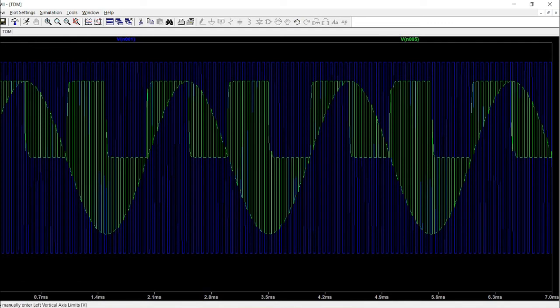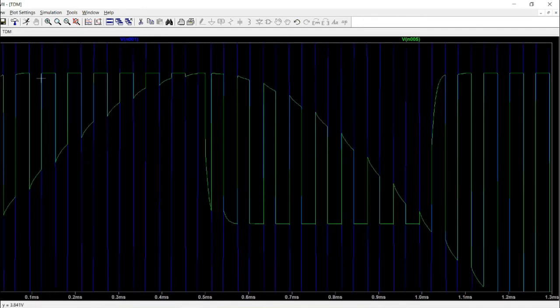When it is on, you can see it is taking the sine wave. Initially when it is on, there is a slight rise in the waveform. When it is off, it is the sine wave sample it is taking. When it is on, it is the square wave. You can see over here, whenever it is on, it is taking the square wave.